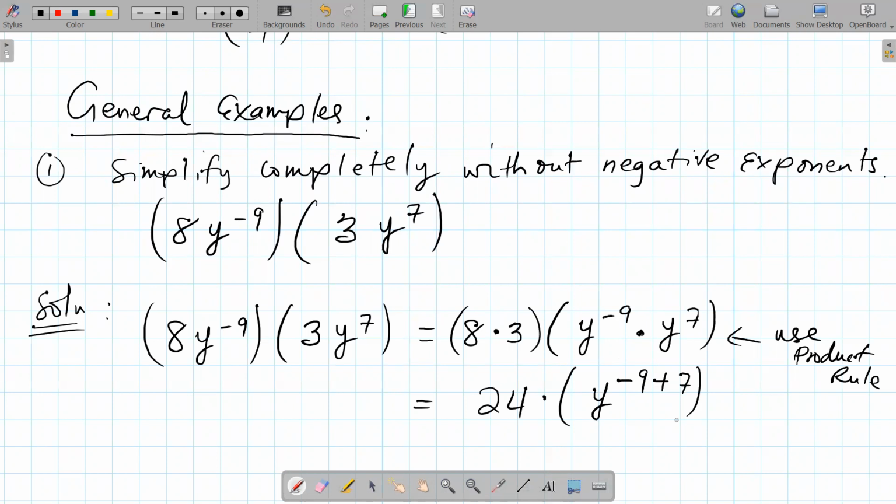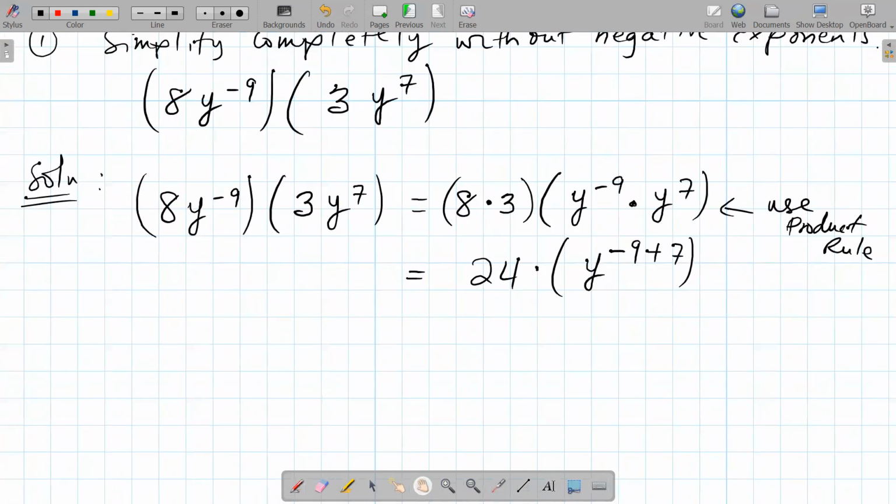Their powers. When you do that, this is 24 times y. Negative 9 plus 7 is negative 2.